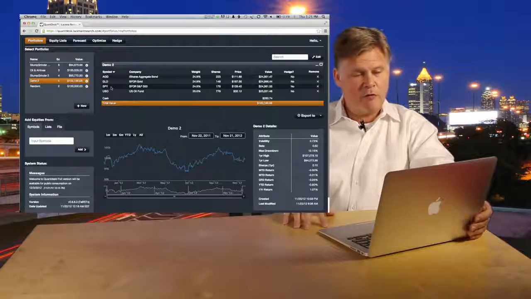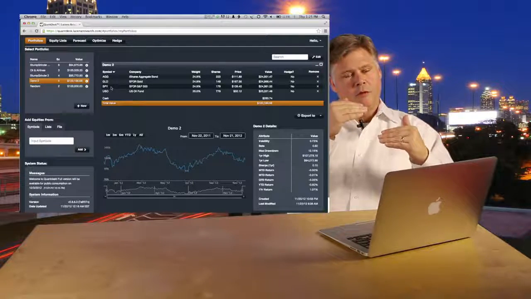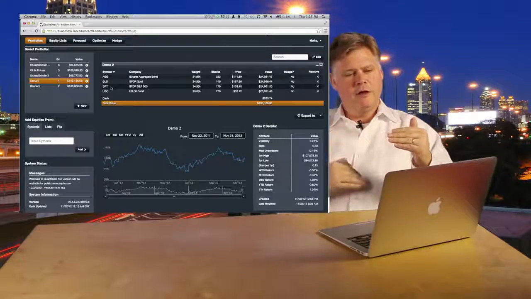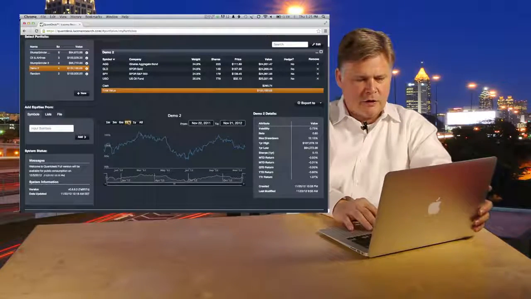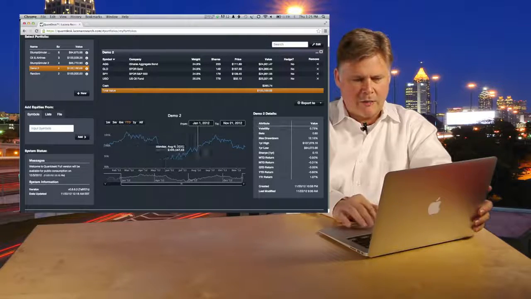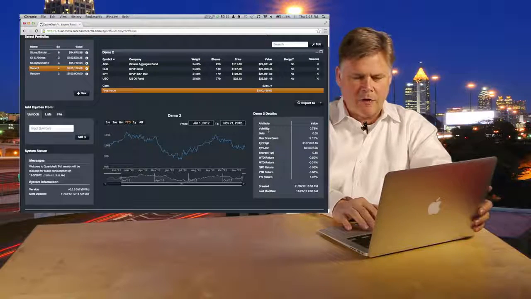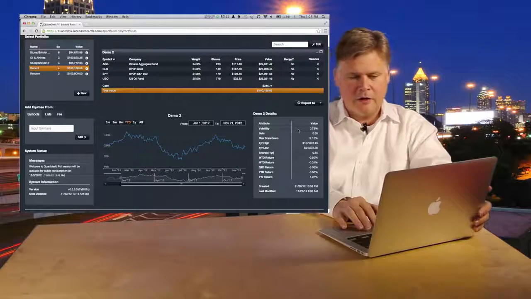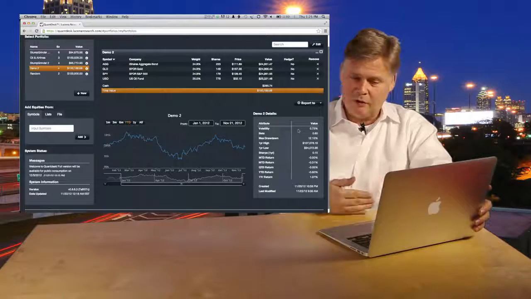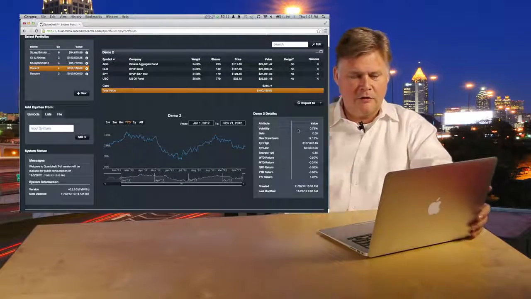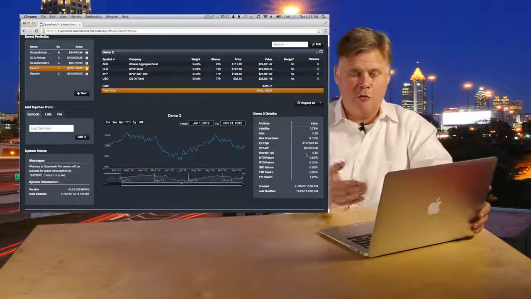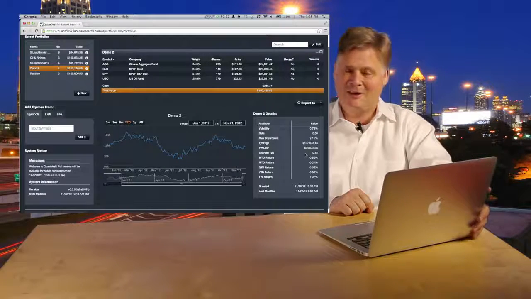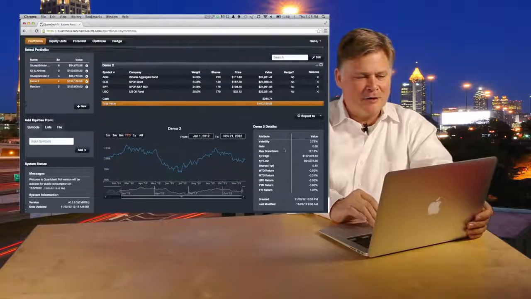Now I've built an example portfolio that's just a quarter of the portfolio in each equity, and you can see its year-to-date performance here along the bottom. We've got a few data points over here. The volatility is 0.73%. That means that on average it changes 0.73% per day. Its Sharpe ratio is 0.15, which is not all that great.